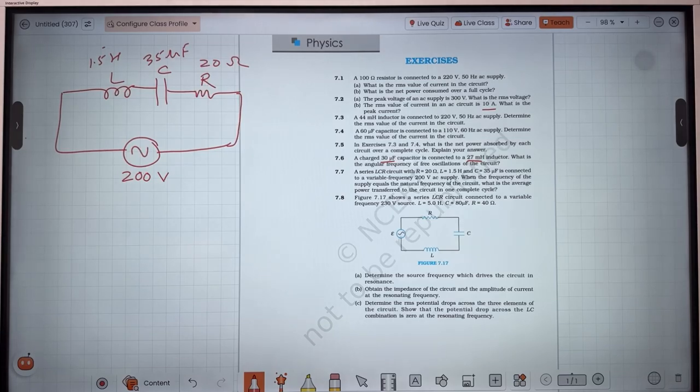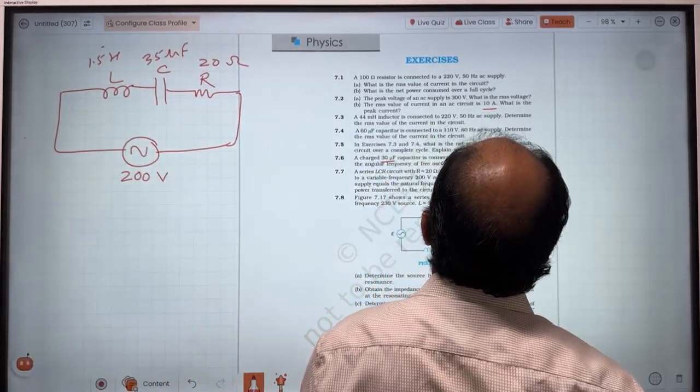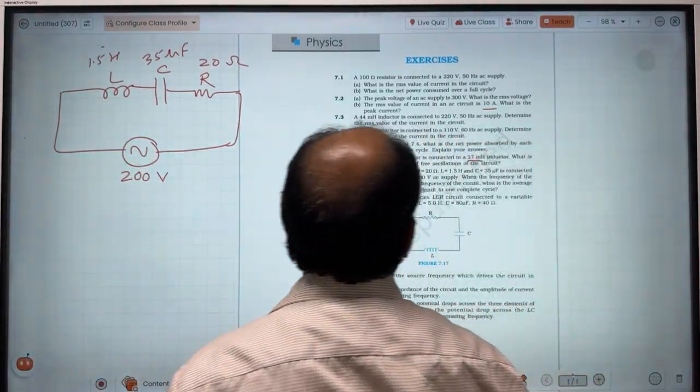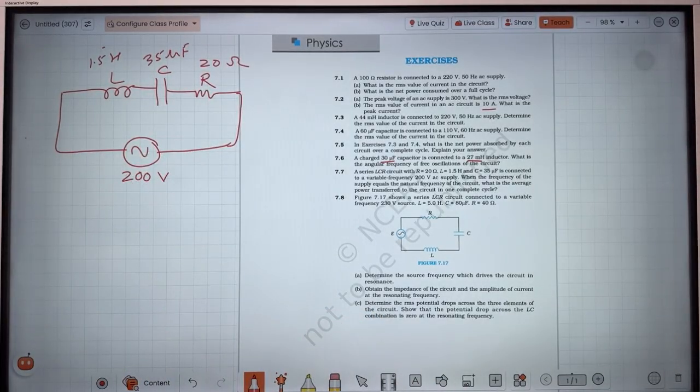Now, when the frequency of supply equals the natural frequency of the circuit, what is the average power transfer to the circuit in a complete cycle? So here this condition, when the frequency of the supply equals the natural frequency of the circuit, means they are talking about the resonant condition, right?